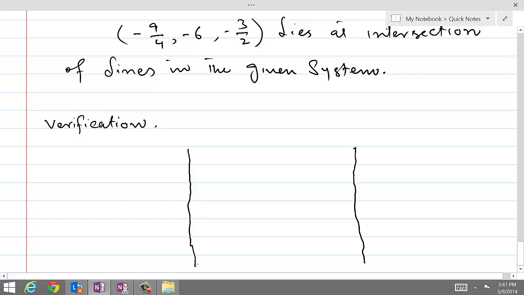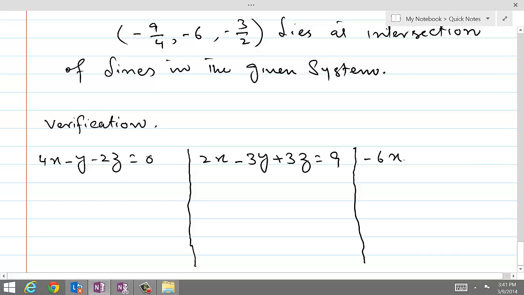The first equation is 4x minus y minus 2z equal to 0, and the second is 2x minus 3y plus 3z equal to 9, and the third is minus 6x plus 2y plus z equal to 0, and we will be replacing x, y, z in all 3 equations with the values.